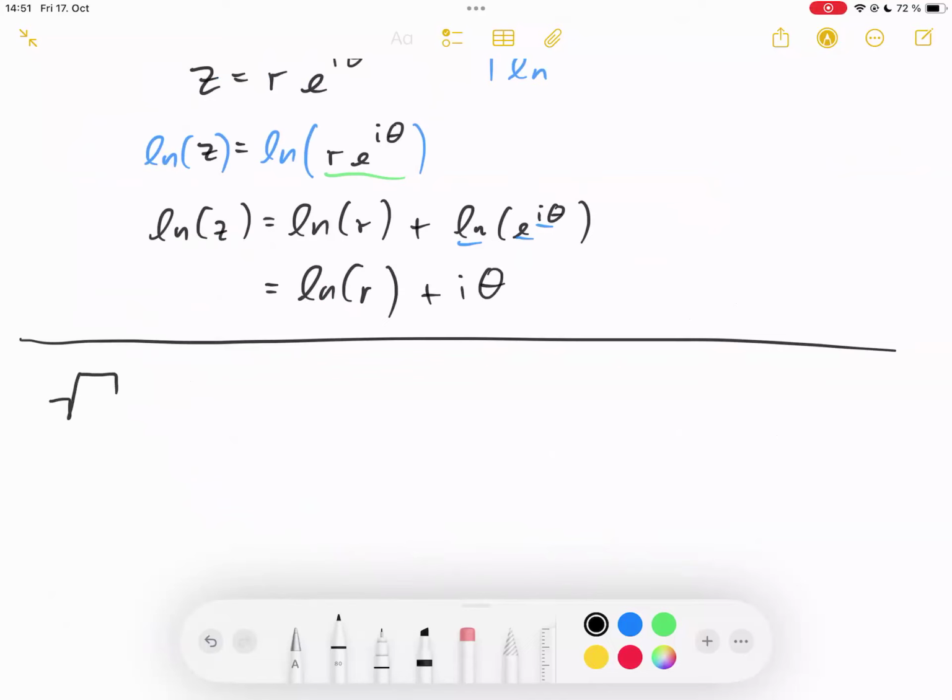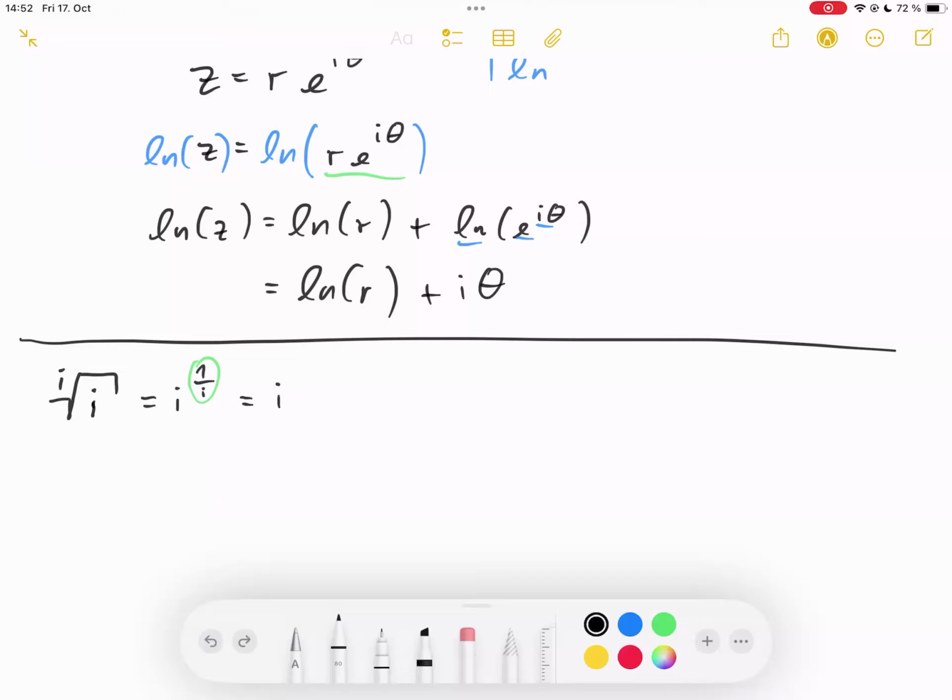So for example, we can take the ith root of i. Has anyone ever seen something like this before? This actually is much simpler than you could think from what we have just calculated, because we can say this is i to the power of 1 divided by i. We can simplify this further. Remember, before we said if we have something like 1 divided by i, we can extend this.